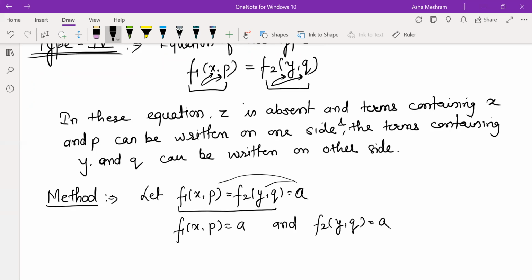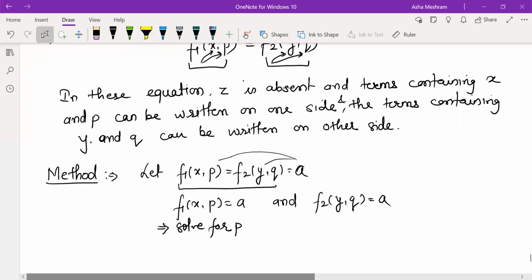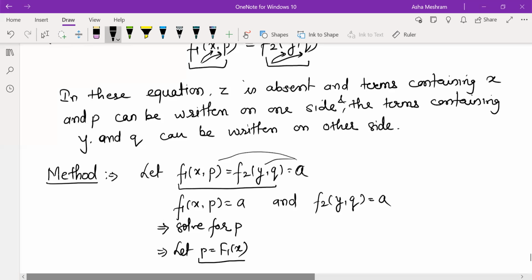Now this expression we solve for p. This equation we will solve for p, and let us take small p is equal to, we will solve this expression. ठीक है, solve करेंगे और कुछ तो आएगा ना solve करने के बाद. ठीक है, so we denote that expression by capital F1 of x.